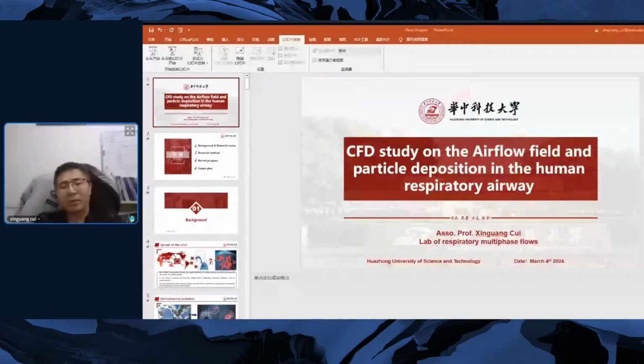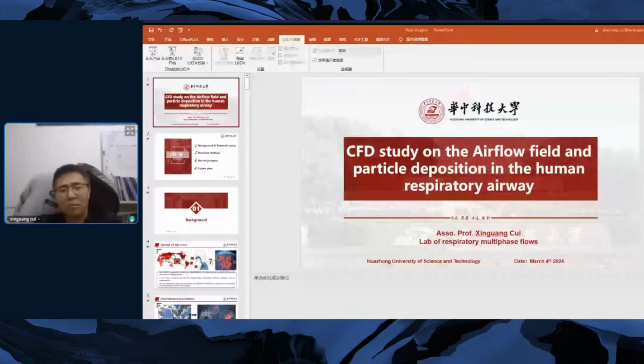It not only includes particle deposition, it will also study particle clearance by the cilia and by the dynamic motion of the alveoli, and also has a direction to research the particle clouds on the surface of the alveolar sac.